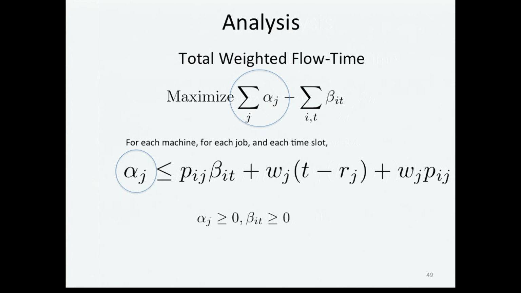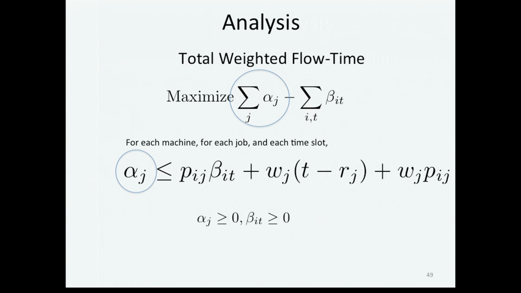And somehow you also want to say that alpha j, I can set it in such a way that the first term is also approximately equal to the total flow time of the jobs. If you exactly prove that it is equal to the total flow time, then the dual objective is 0, which is meaningless. But then you use some scaling tricks, which is common in approximation algorithms.